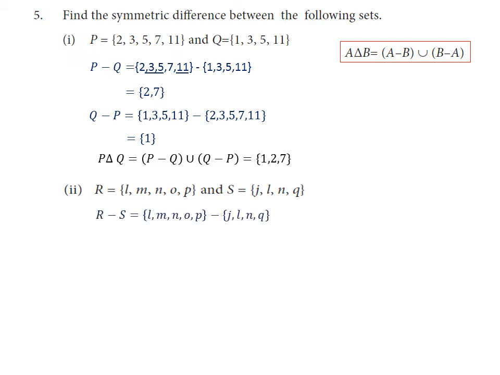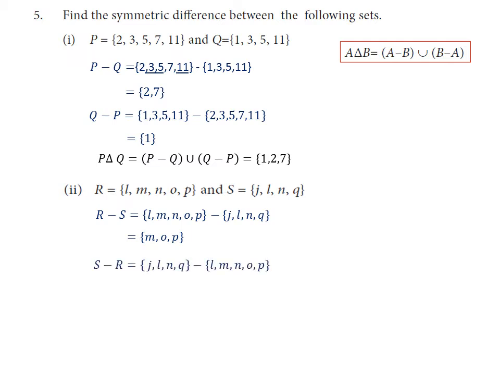So R minus S, write the two sets. What will come from R minus S? L is also there in S, leave that L. M, O, P are not there in S, so write those elements. N is also there in S, so leave that element.